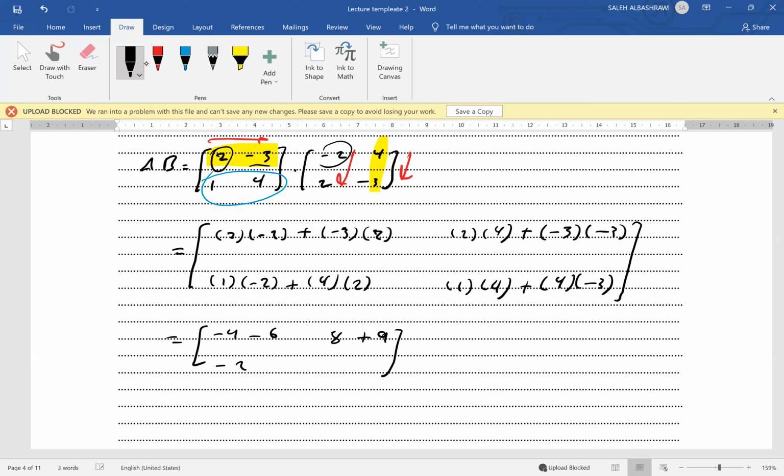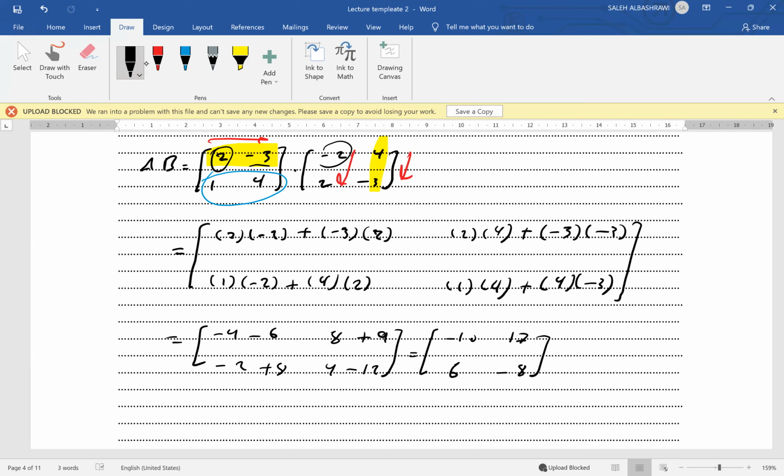Down, I'd have -2 plus 8 and 4 minus 12, which is equal to [-10, 17; 6, -8]. So this is A times B. So we found A times B.